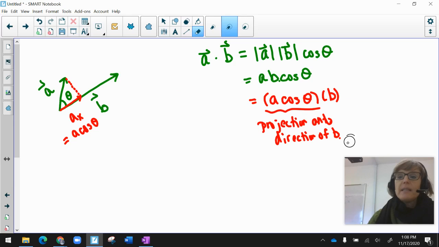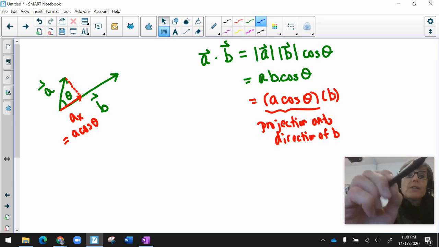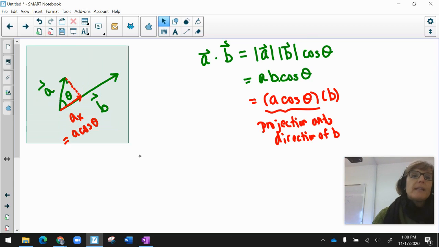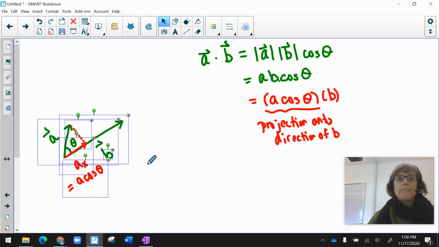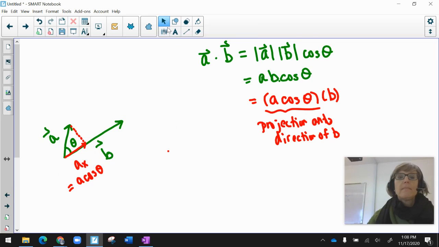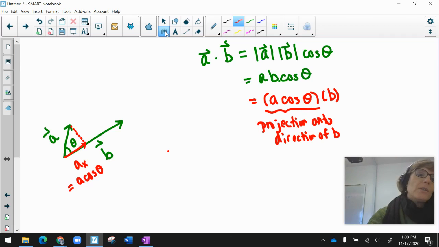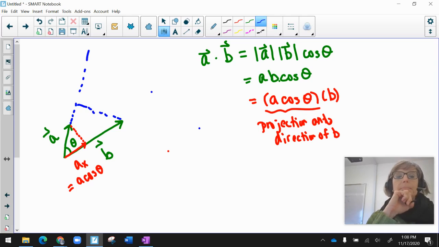And I can do something similar with my A direction. I think I'm going to need to move this down a little bit. So what I can do is extend the direction of A, and then I can drop a perpendicular from B onto there.